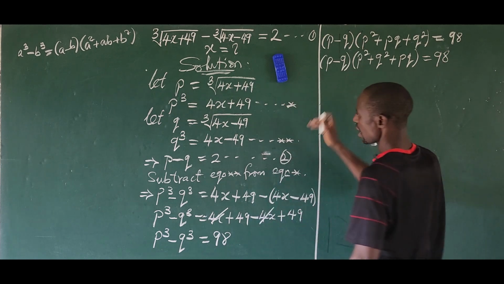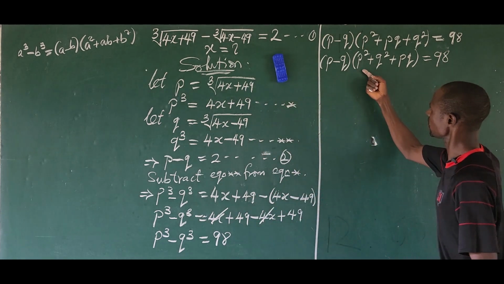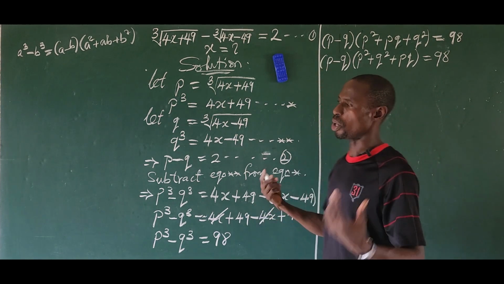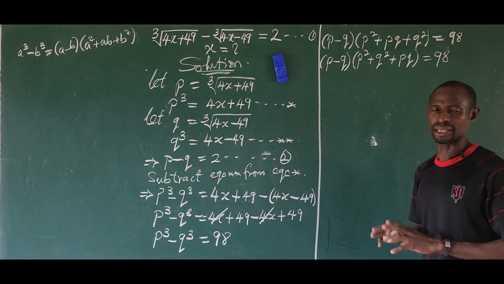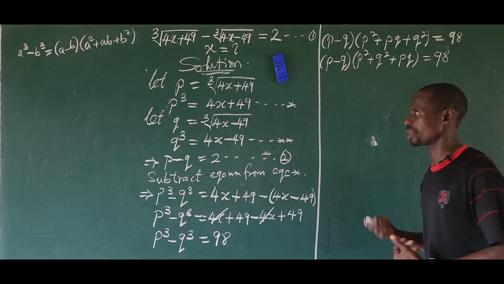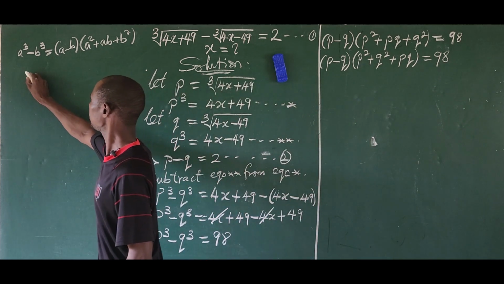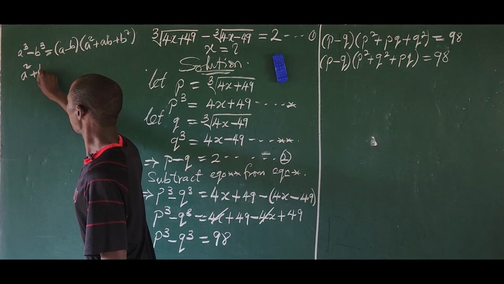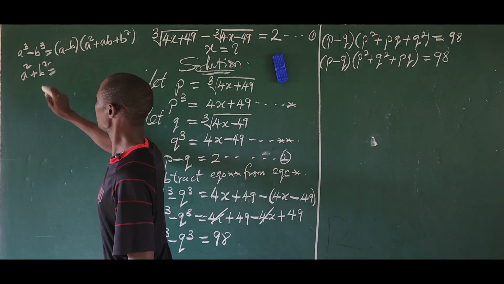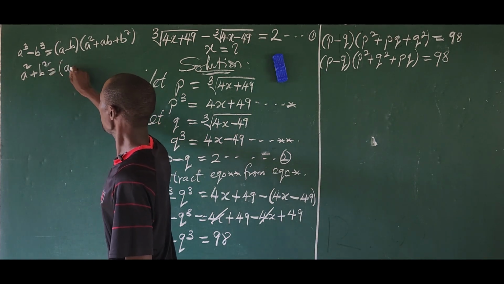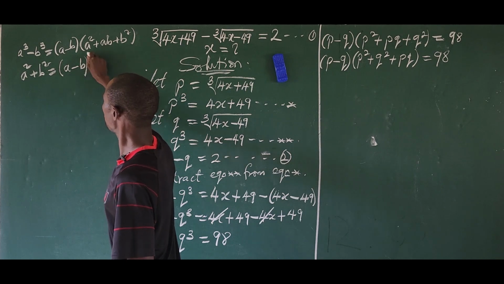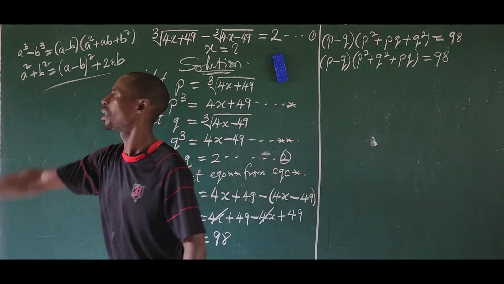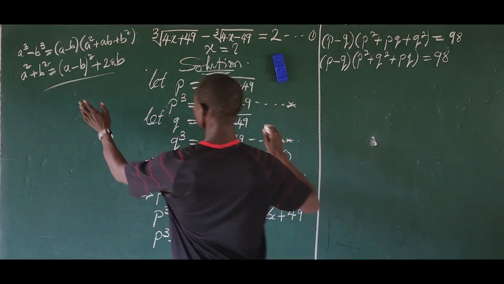We do not have any expression of the kind P² + Q², so we turn to another algebraic identity which says that A² + B² = (A − B)² + 2AB.